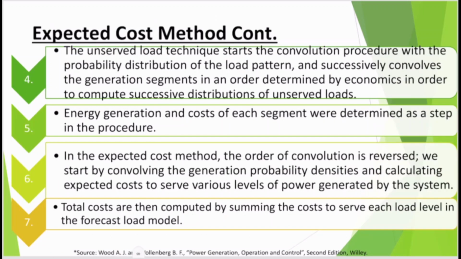The unserved load technique starts the convolution procedure with the probability distribution of the load pattern and successively convolves the generation segments in an order determined by economics in order to compute successive distributions of unserved loads.